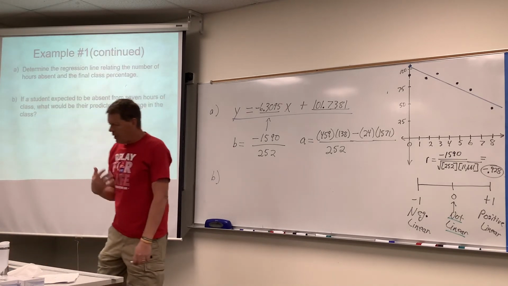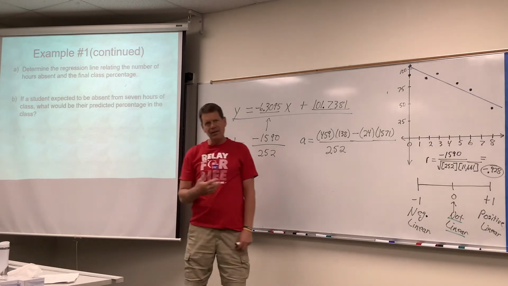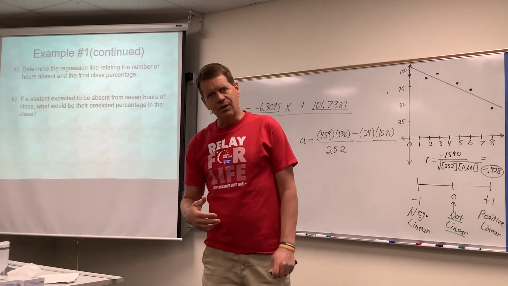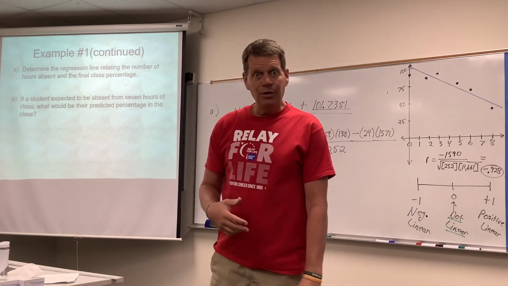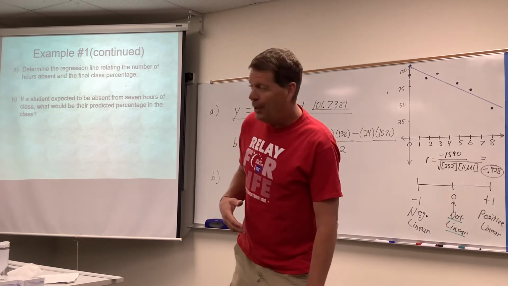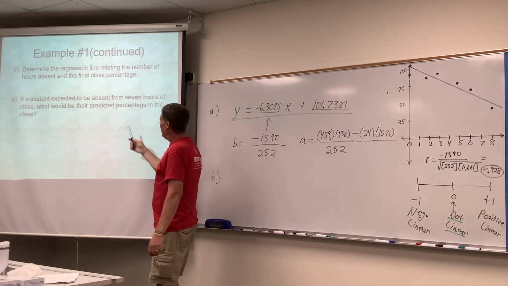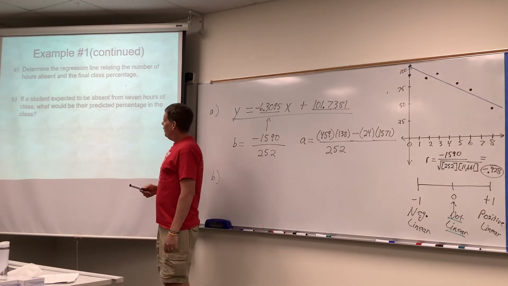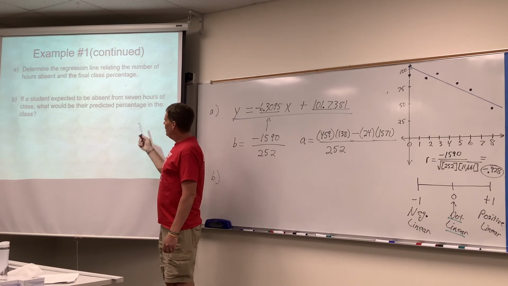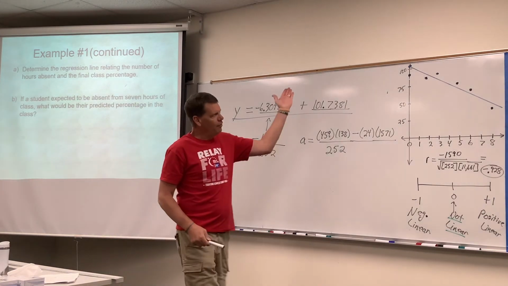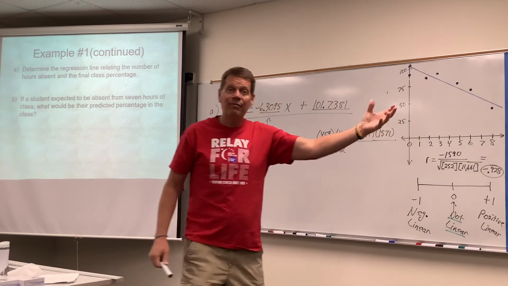If a student were to come up to me at the beginning of the semester and say, hey there, Mr. Cedar Shingle, I think I'm going to be gone. I'm going to be absent 7 hours this semester. What do you think that'll do to my grade? I can say, well, look, you might be an outlier. You might not fall in line with my previous students.